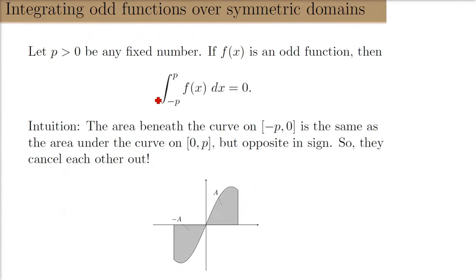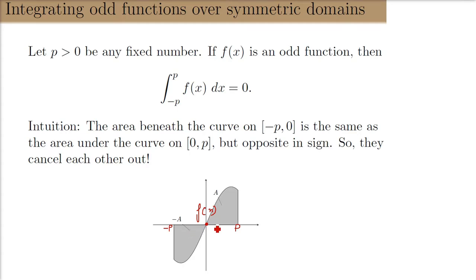One more explanation regarding integration, because this is the key part of the Fourier series. Integration is nothing but addition, from negative p to p, or you can say minus pi to pi, minus 1 to 1, minus 2 to plus 2. So take a function which is an odd function.